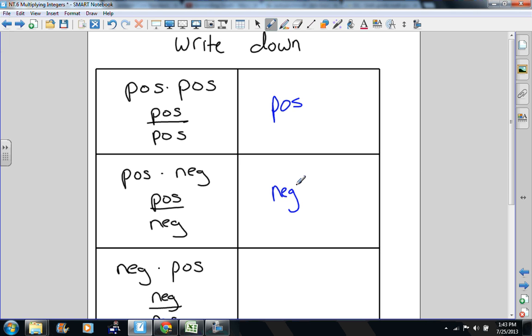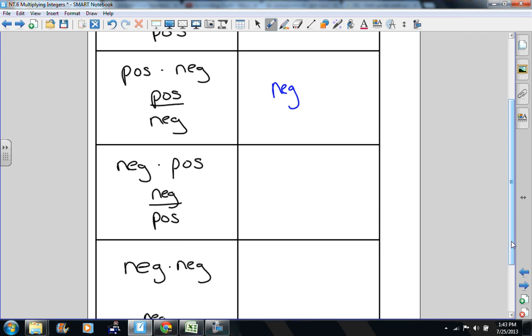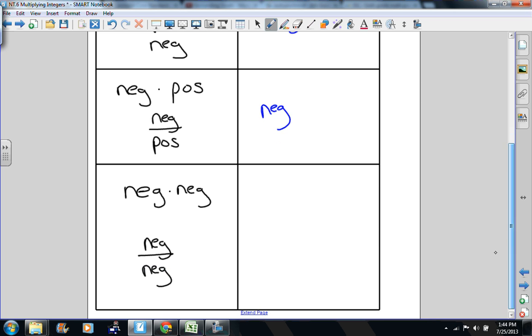Okay, if we have the negatives times, ooh, don't do that. The negative times a positive, negative divided by a positive, the answer will be negative, just like me and Mr. Evans again. And then finally, we have negative times a negative, or a negative divided by a negative. Well, if two negatives fight, they beat each other up so badly that they turn into a positive.